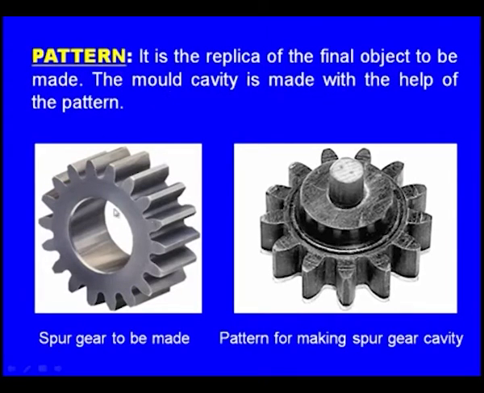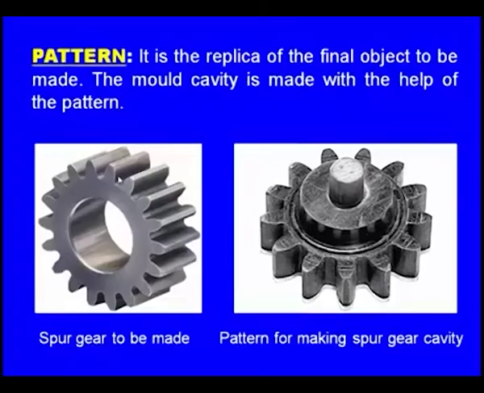And here we can see a spur gear which is used in automotives. This is our objective, we want to make the spur gear, and for that, inside a sand medium, we have to create a hollow cavity whose shape is similar to the spur gear. For that we have to use a pattern. So, this is the pattern.